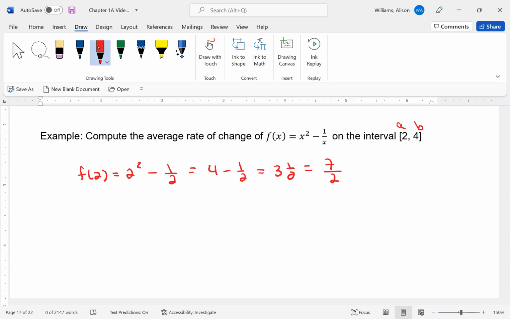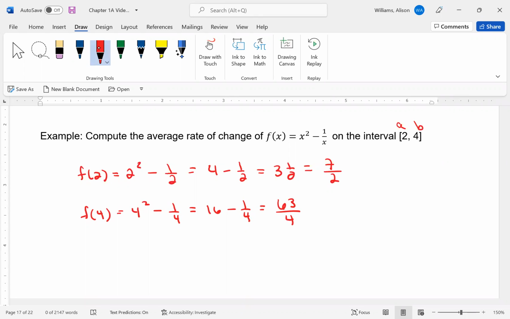I don't think that's all that offensive. Okay, let's find what happens when we plug in 4 for our b value. So 4 squared minus 1/4, so that's 16 minus 1/4, which comes out to 63/4 as an improper fraction.